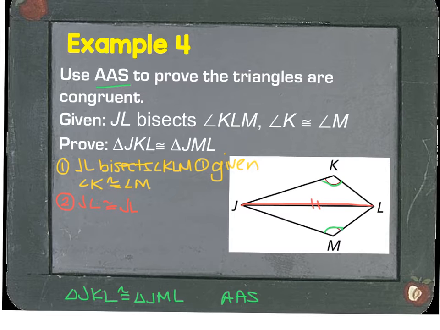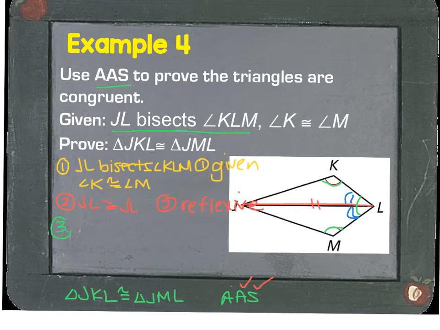And that's reflexive. Or that's a 2, sorry. So now I've got a pair of angles and a side. I've got the A and I've got the S. I need another angle. There's one more piece of information that they gave me that I haven't used, which is that JL bisects angle KLM. If JL bisects KLM, that means it cuts it into 2 congruent parts.